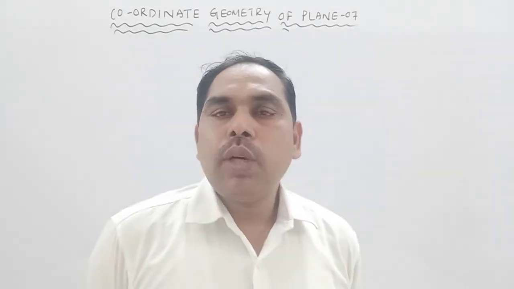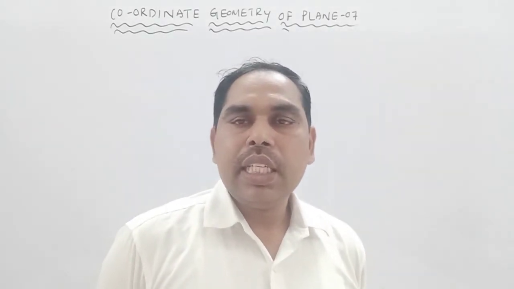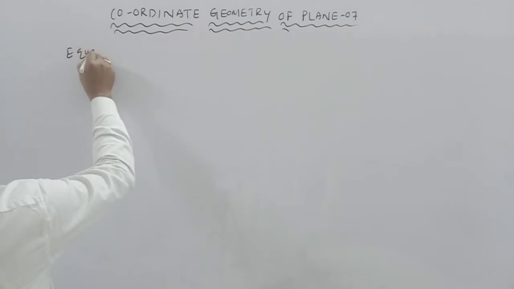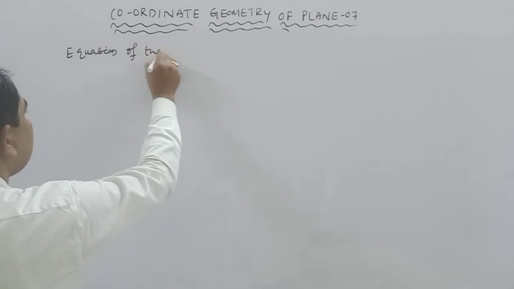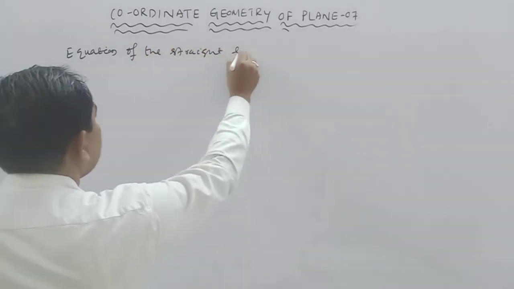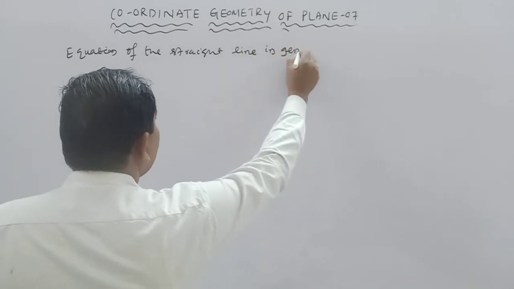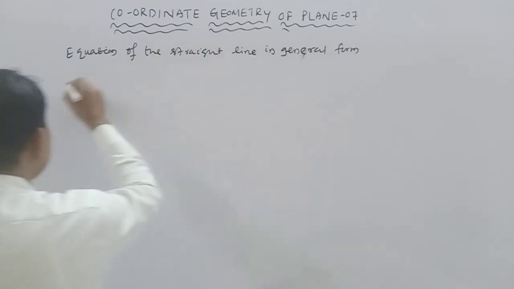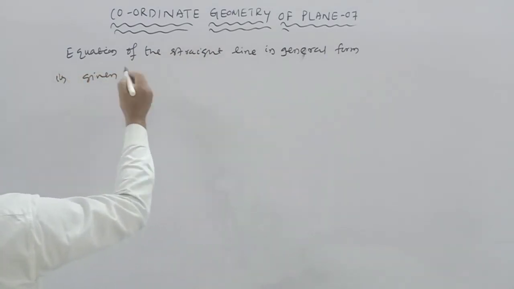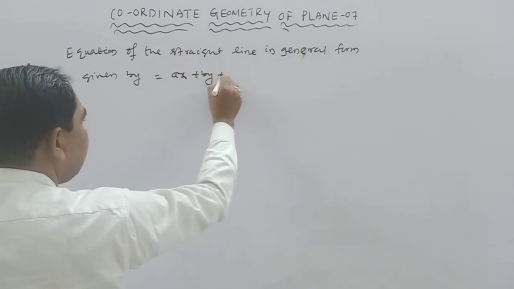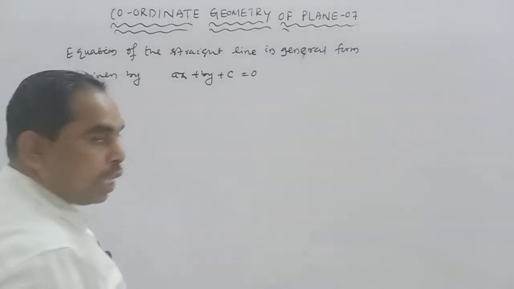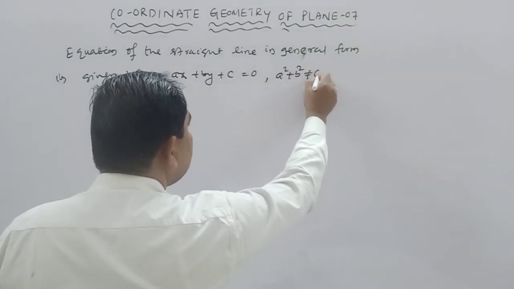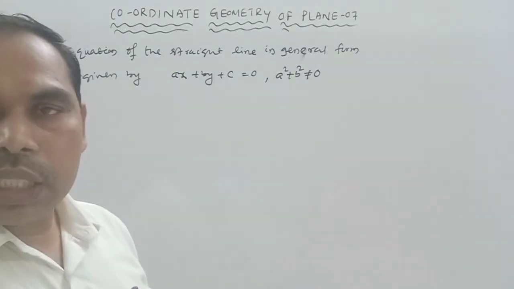Reduction from one form to another form. Okay, next is the equation of the straight line in general form. The general form is given by ax plus by plus c is equal to 0, with the condition a square plus b square not equal to 0, that is a and b not 0 simultaneously.